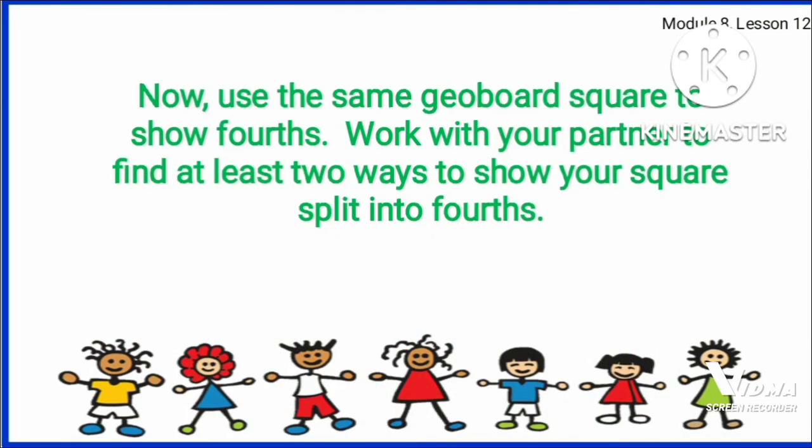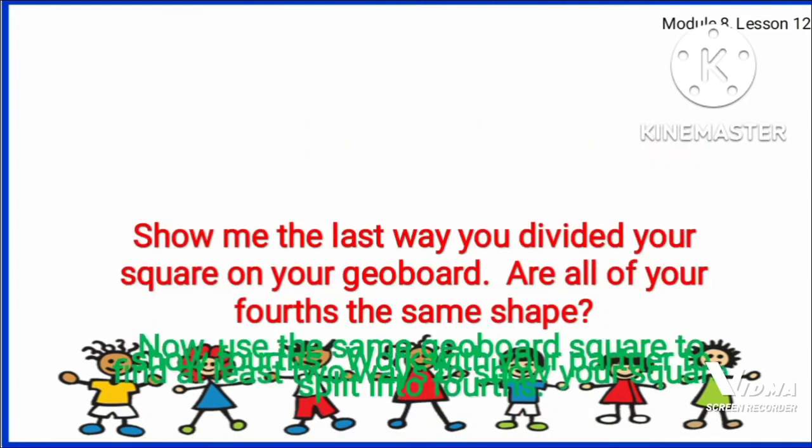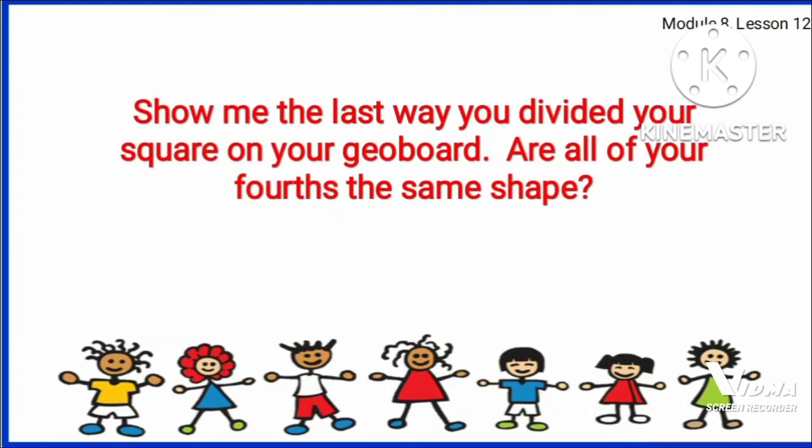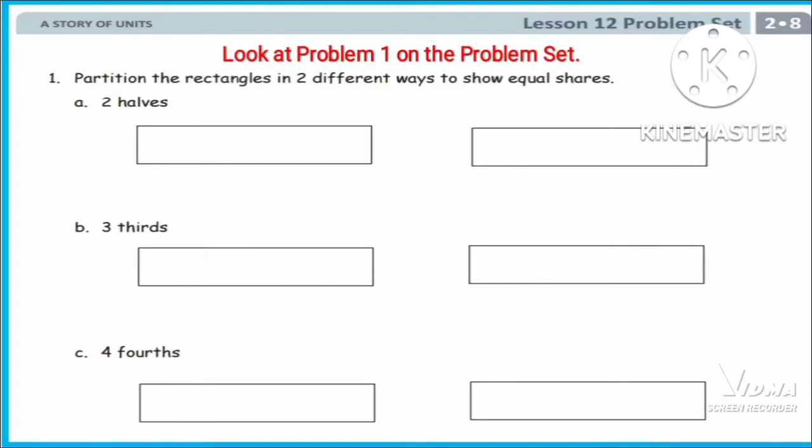Use the same geoboard square to show fourths. Work with your partner to find at least two ways to show your square split into fourths. And show me the last way you divided your square on your geoboard. If you have the fourths, I'd like to see it in class.